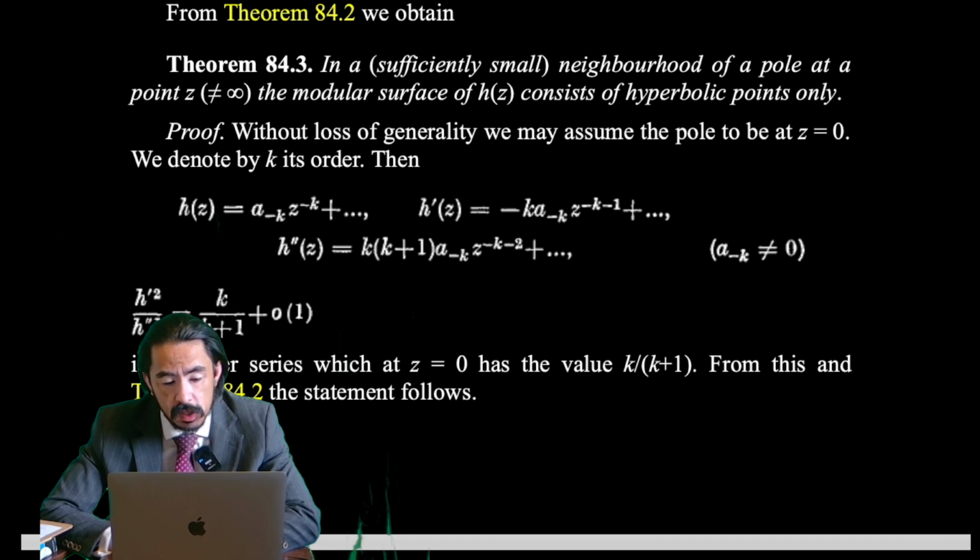Then h of z is equal to a sub negative k times z to the power of negative k plus etc. And then we have h prime of z equals negative k times a sub negative k times z to the negative k minus 1 plus etc. And h double prime of z is equal to k times quantity k plus 1, times a sub negative k, times z to the negative k minus 2 plus etc., where in all of these a sub negative k is non-zero.